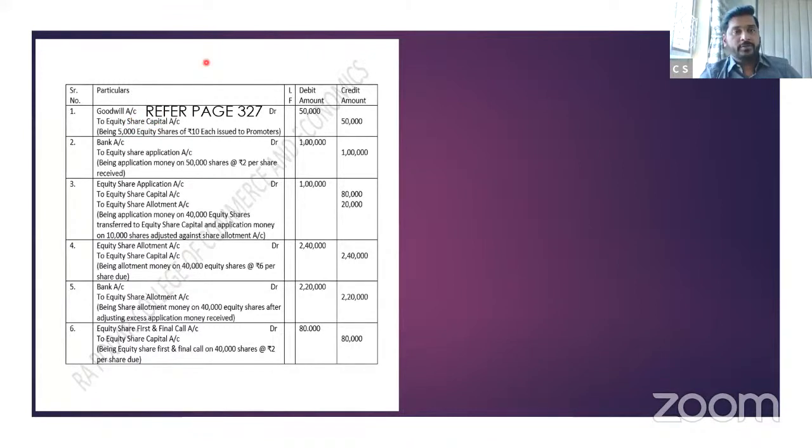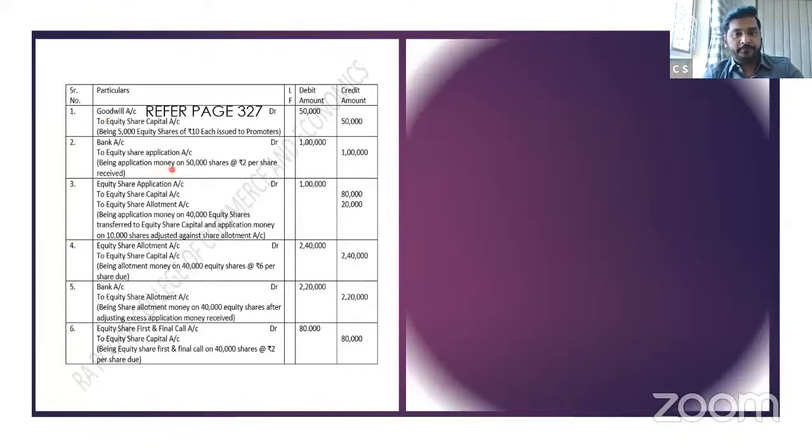Here you are paying the promoters, not fees, but you are giving shares to them. Any such payment would be considered part of preliminary expenses or establishment cost, and hence it would be transferred to goodwill account.